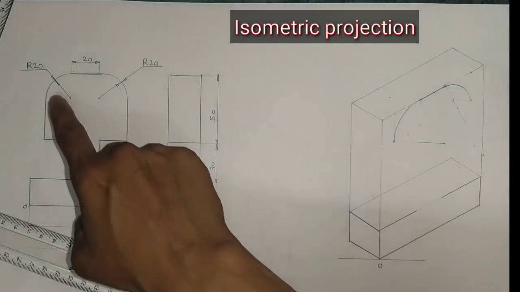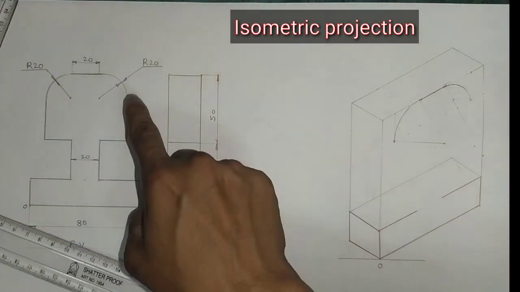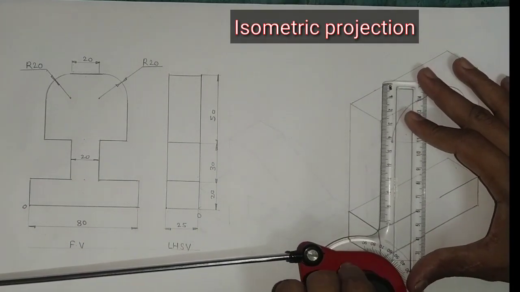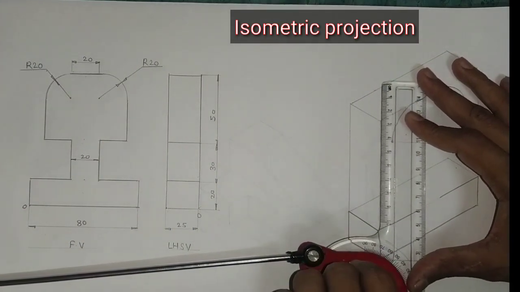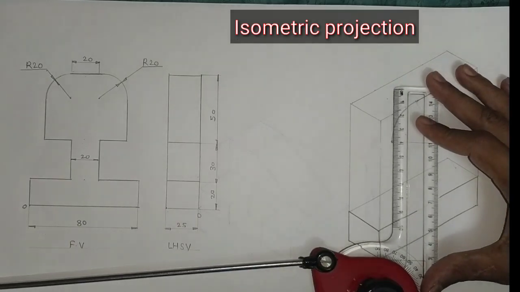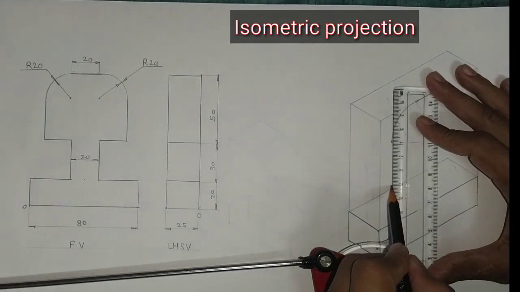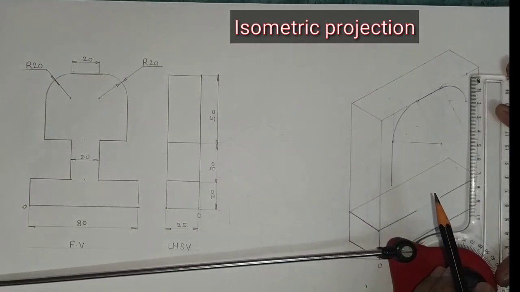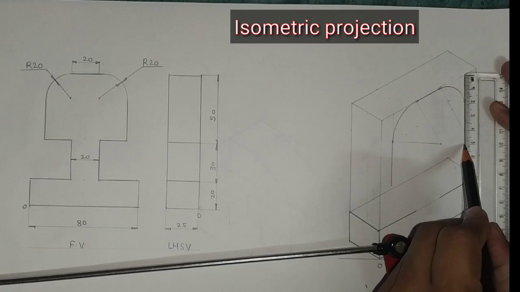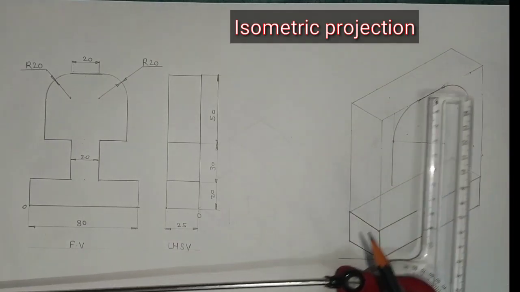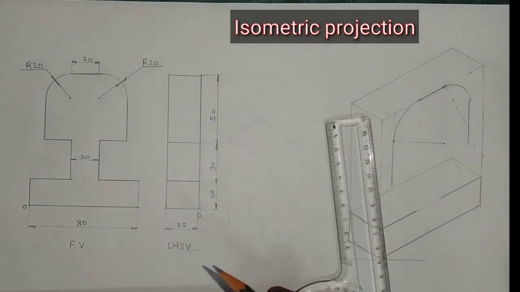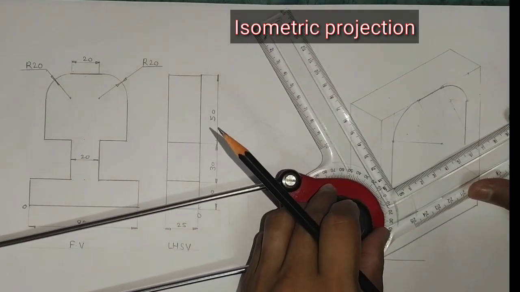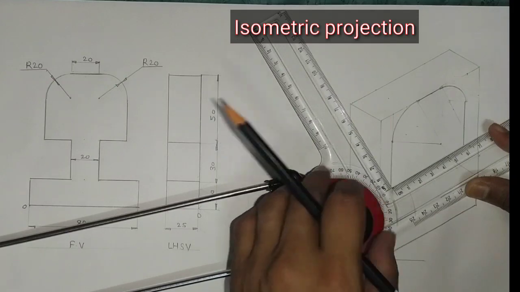Now again this distance is 30 mm, 30 mm. Draw a straight line of size 30 mm distance. And this point is also 30 mm. Join this line by lifting 10 mm size.